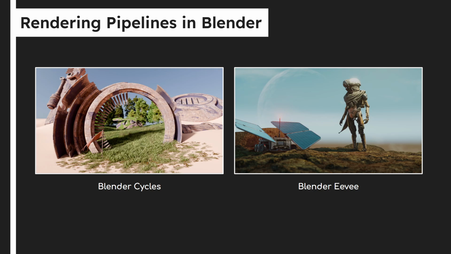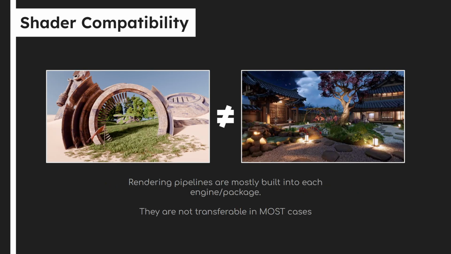So even within the same program, the different shading pipelines need different inputs from us to work, okay? Which means they're not compatible across themselves either. So the stuff that you build for Unity HDRP shaders, for example, or Cycles shaders are not transferable in most cases to something like Unity.